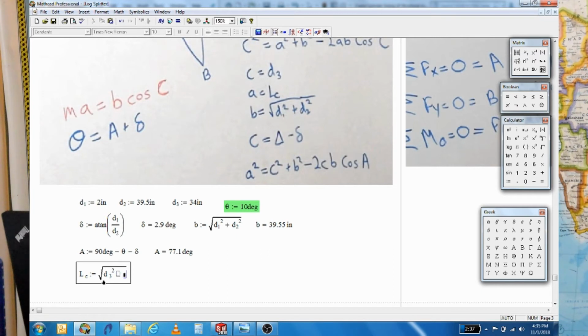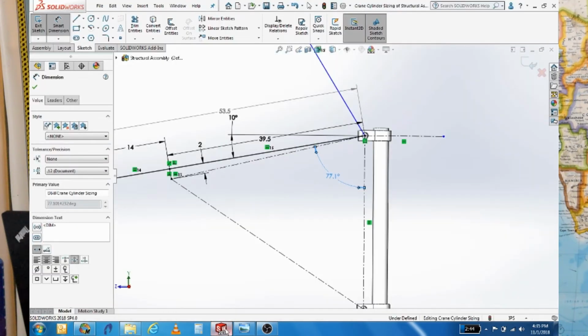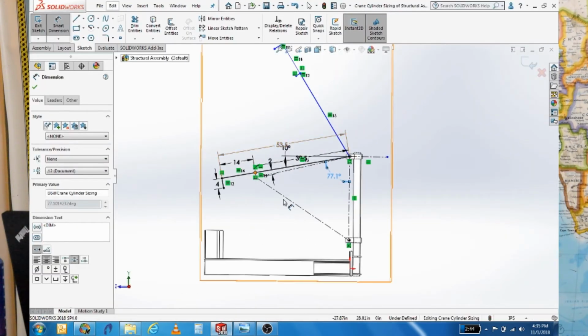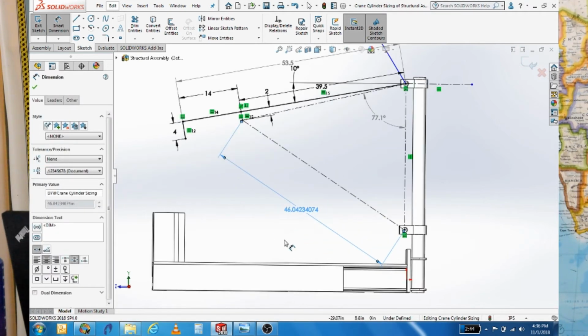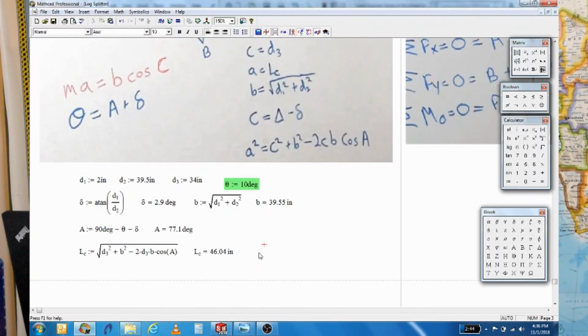So it's d3 squared, plus b squared, we didn't change the name on that one, minus 2 times c, which is d3, times b, times the cosine of A. That is equal to 46.04 inches. All right, let's go over to SolidWorks and we'll measure it. 46.04. Wonderful. It's looking good so far.